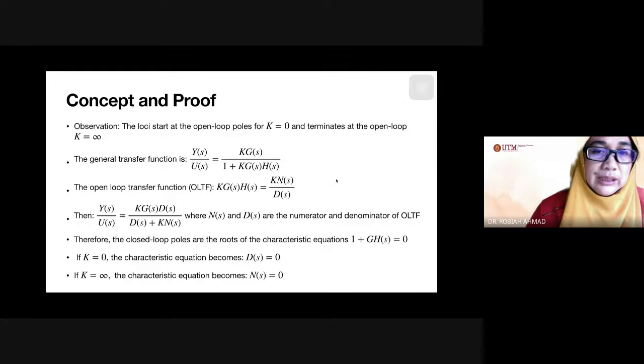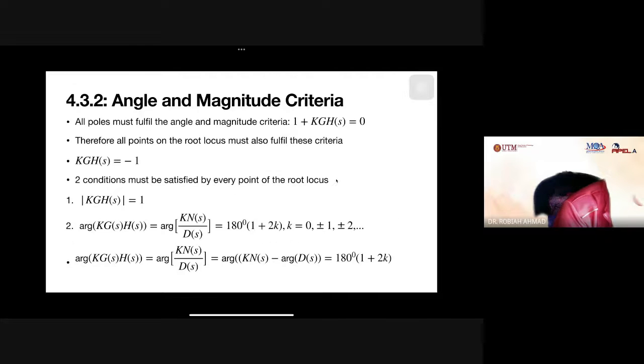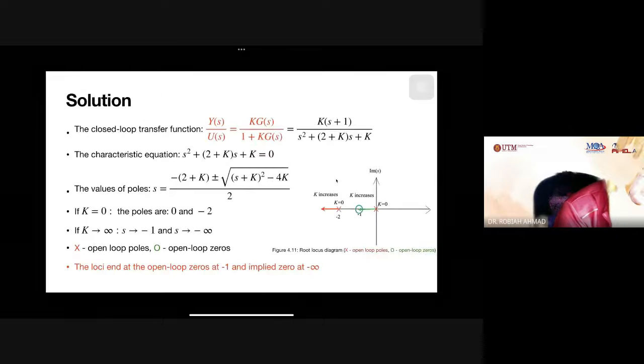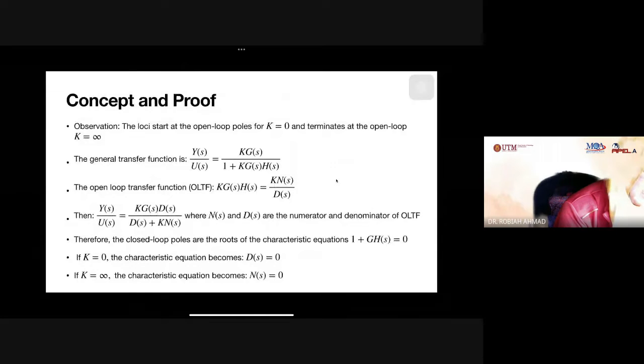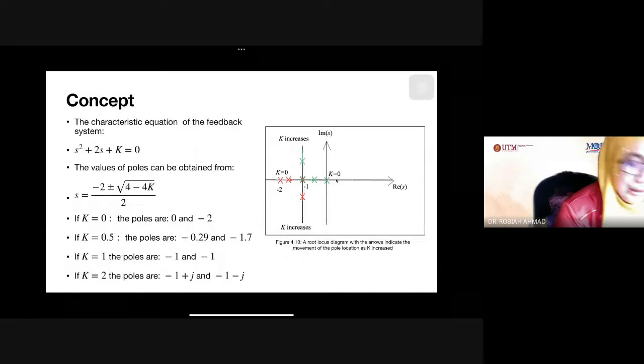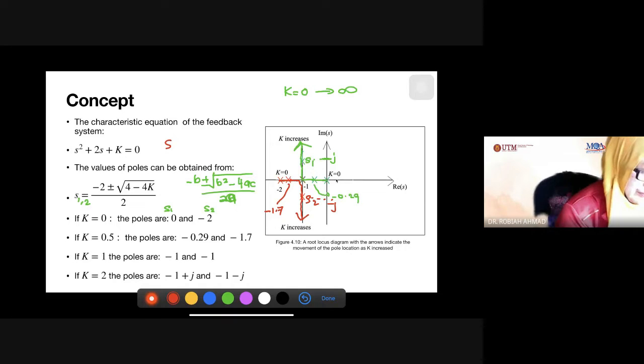Okay, so this is the observation. If you look just now, the loci start at the open loop poles for K equal to 0. So if we look at the previous slide, we have two S just now, S1 and S2.